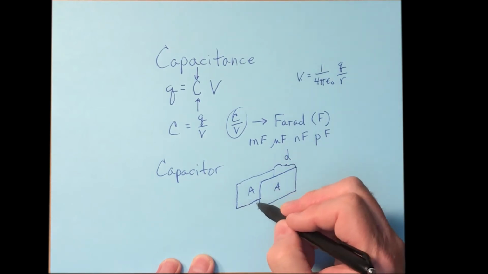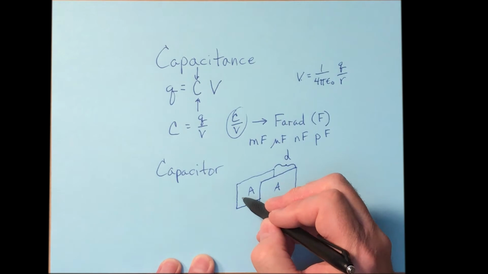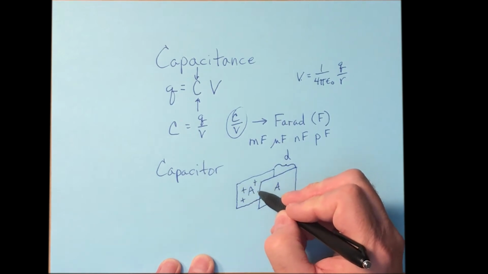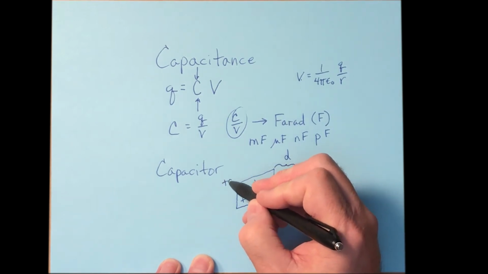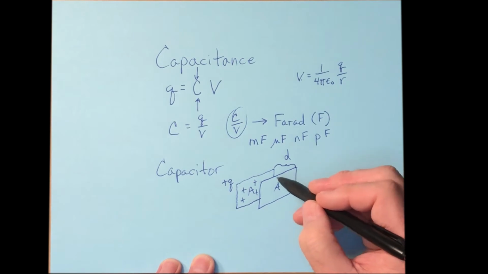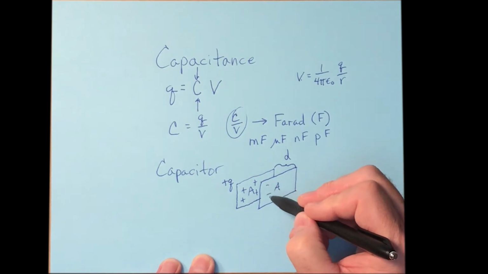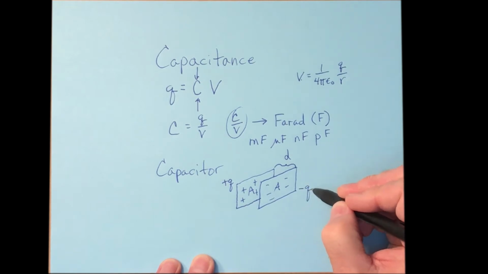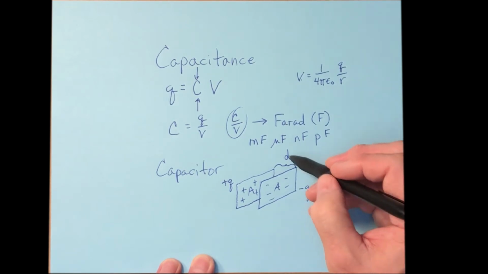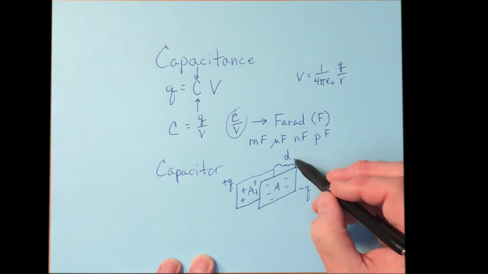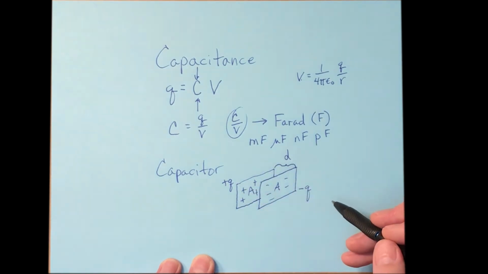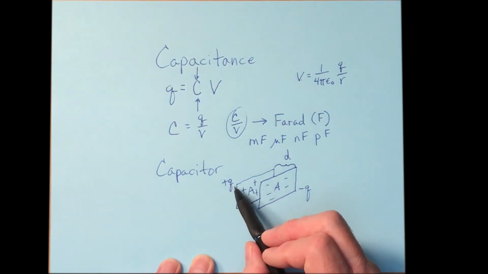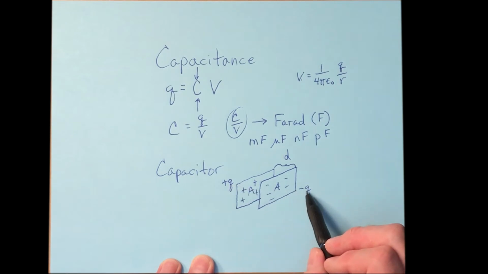All right. Now, if we put some charge on this plate, and the amount of charge is plus Q. And then we put an equal amount of charge over here, but with opposite polarity, so we have minus Q on this plate. Now, the entire system that you see here has a net charge of 0, but the charge Q is the same on each of them, quantity-wise, but opposite in polarity.